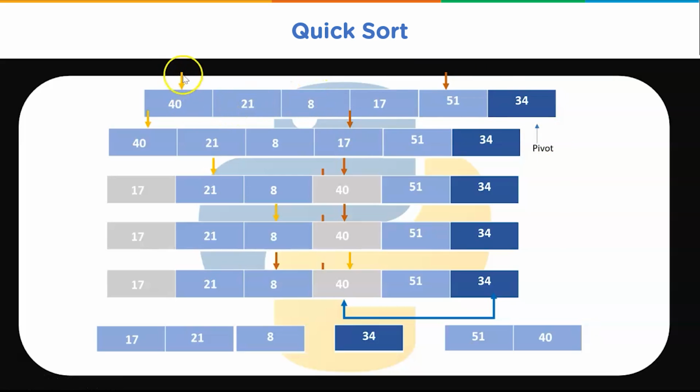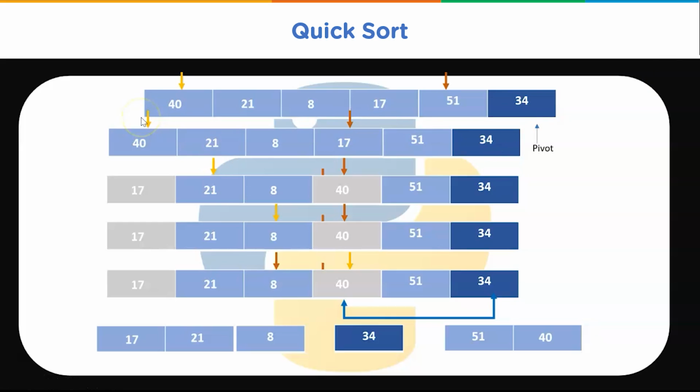Now in this example I is already pointing to an element which is greater than 34, but J is also pointing to an element which is greater than 34, and it should move towards the element which is less than 34. So I will remain static and J will move one element further, which is 17, and it will check whether it is less than 34 or not. If not, then it will stop over here, correct?